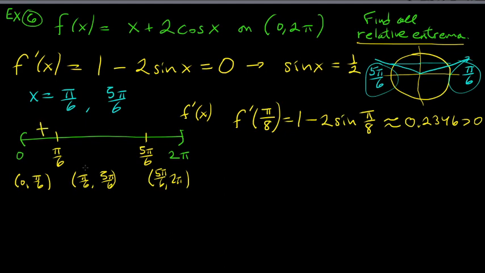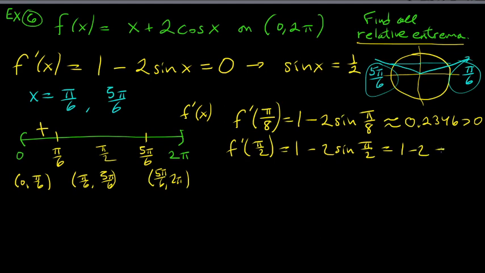And then, wow, we have a big range here from pi over 6 to 5 pi over 6. We can plug in pi over 2. And remember, sine of pi over 2 is 0. Oh, wait a minute. Sine of pi over 2 is not 0. I should write that down. Sine of pi over 2 is 1.